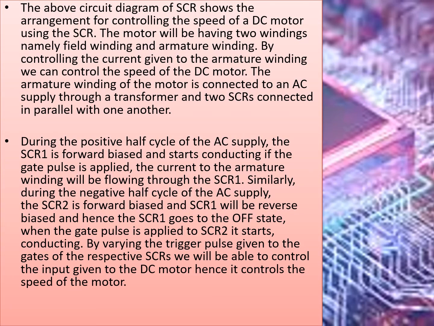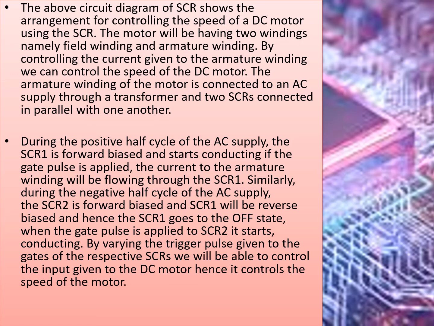motor. The circuit diagram above shows the arrangement for controlling the speed of a DC motor using SCRs. The motor has two windings, namely the field winding and the armature winding. By controlling the current given to the armature winding, we can control the speed of the DC motor.